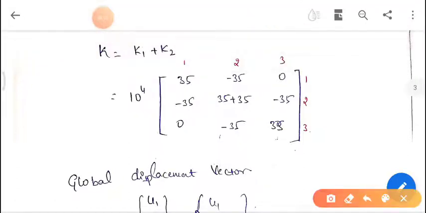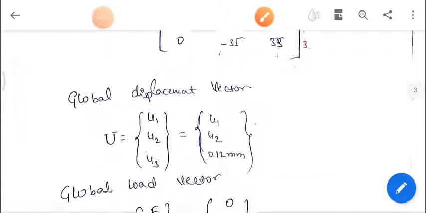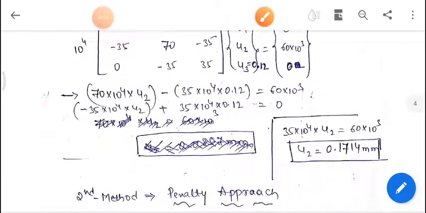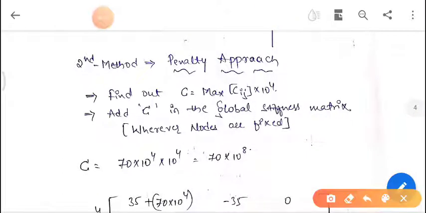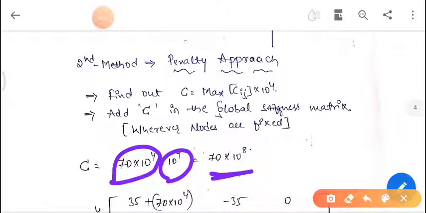So maximum of Cij is nothing but 35 plus 35, that is 70 into 10 raised to 4. Again we need to multiply with 10 raised to 4. So we are getting 70 into 10 raised to 4 into 10 raised to 4, which is equal to 70 into 10 raised to 8. This is the maximum value which we have found out.